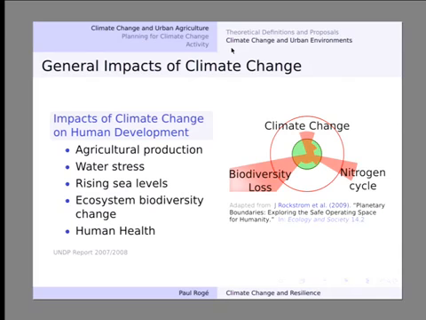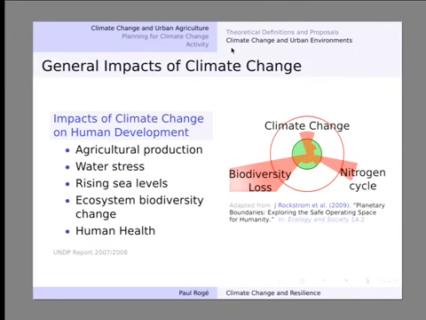Okay, so what do we know about the impacts of climate change and how that's going to affect us? This is a summary, I'm not even going into the science of climate change. I'm assuming that you might hear about that in other classes or have learned about it elsewhere. But these are some of the impacts on human development that are expected from climate change.